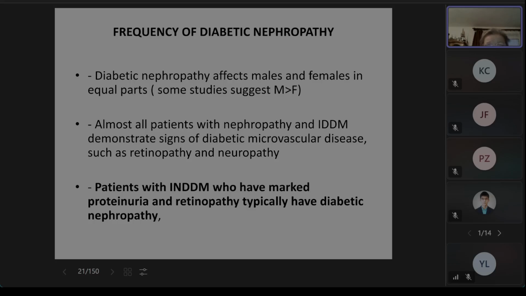So this is why in the past we claimed that there is no diabetic nephropathy without diabetic retinopathy.